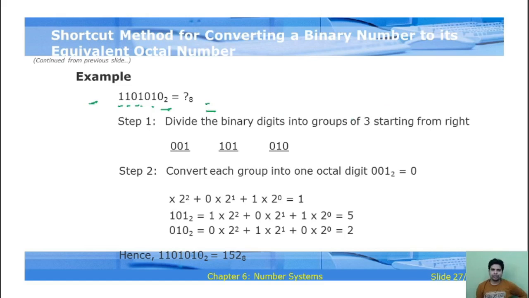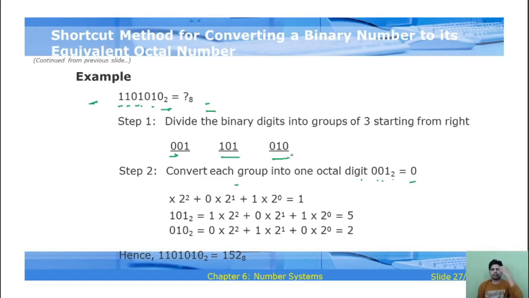So we form groups of 3 digits: 001, 101, and 010. If any digits are left over, add zeros before them so that groups of three can be formed. Then convert each group into one octal digit.